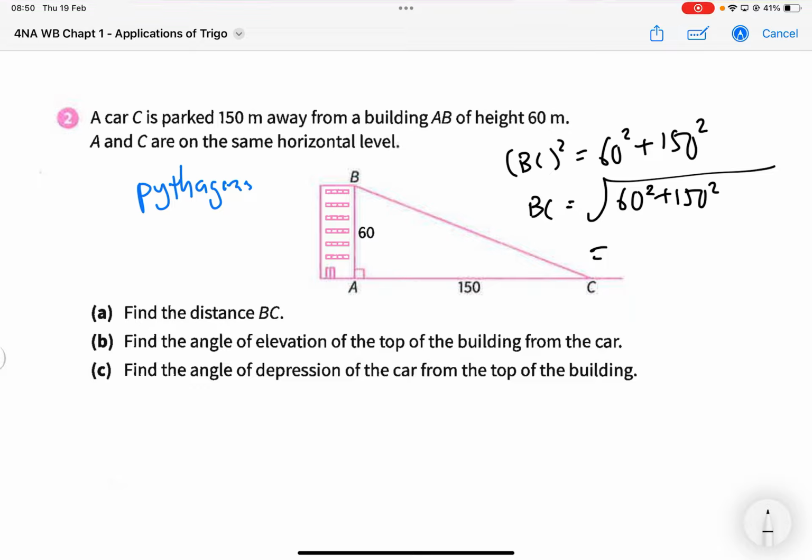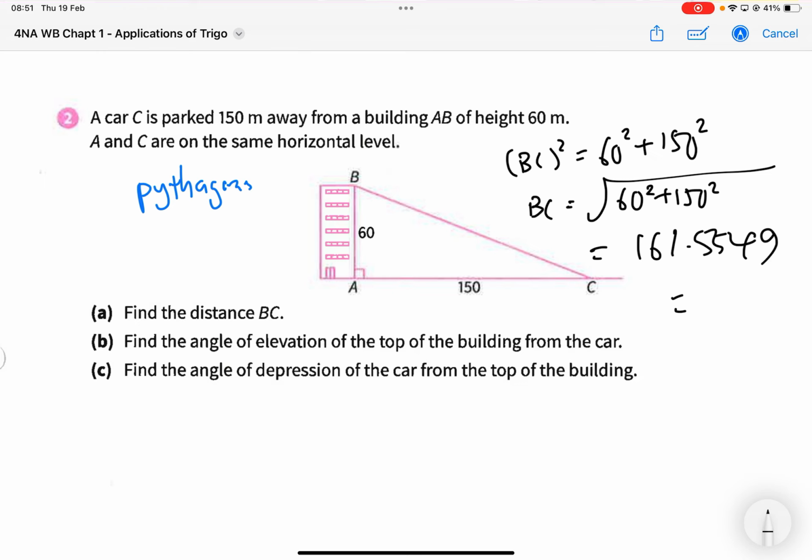Okay, do you get 161.5549? Wait, you all never even take out your calculator. Pressing your calculator is part of the skill you require.